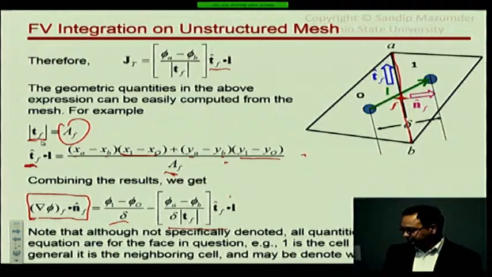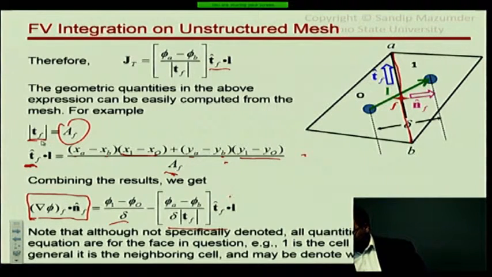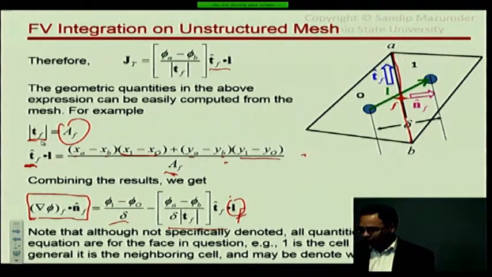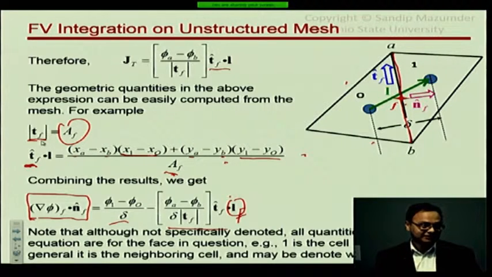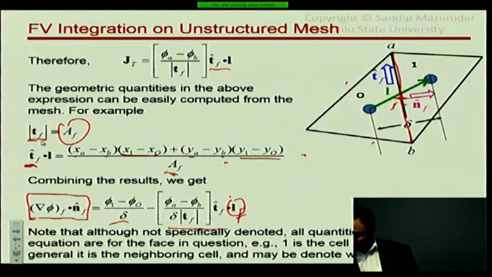Now I'm just making a note here that this L is actually for one particular face. In general, this should be LF. That is, you're going to go around from face 1 to face 2 to face 3. We have just done the derivation for one face, so these terms will all change. For example, this phi 1 will be replaced by phi 2 and phi 3 for the three individual faces.